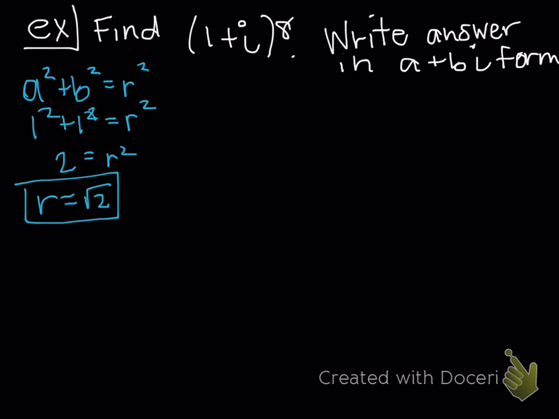And to find theta, I do tangent of theta is equal to b over a. So 1 over 1 is 1. So I know tangent is 1 when my theta is pi over 4. And if I did a quick check, I know when I plot this coordinate, I'd be in quadrant 1. So pi over 4 is the angle I want.